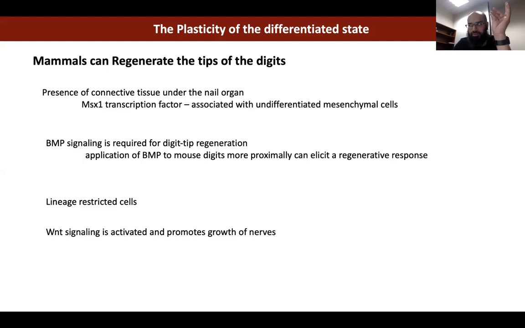They are kind of progenitor cells with a very limited ability to differentiate, so they can only differentiate into cells that can then grow these nails. But if you, for example, activate Wnt signaling, it would promote the growth of nerves, and then it might lead to growth of the digits, or it might lead to growth of the limb in mice.